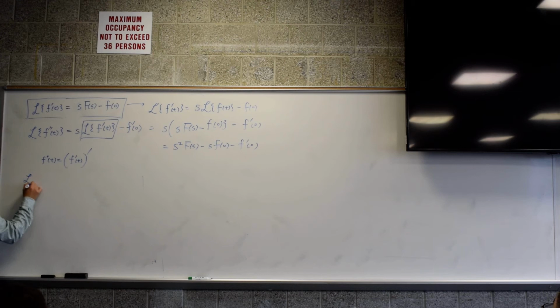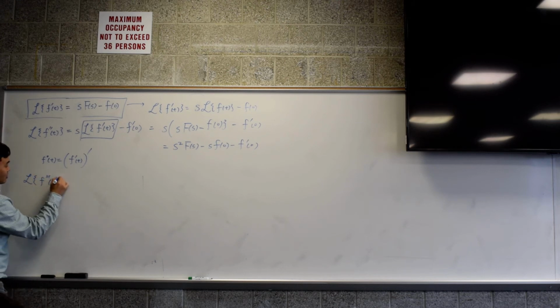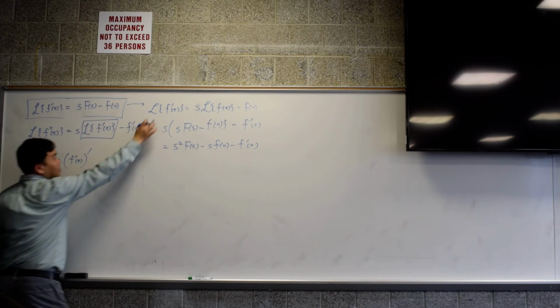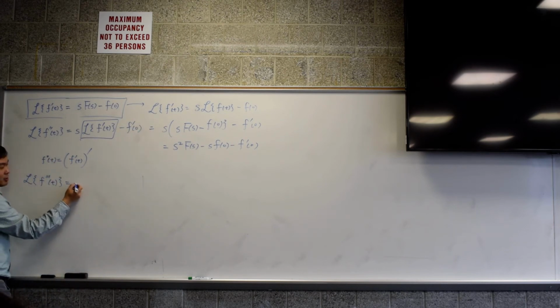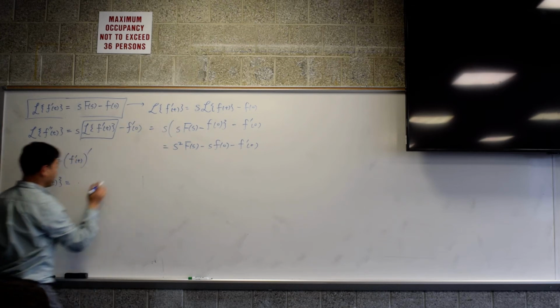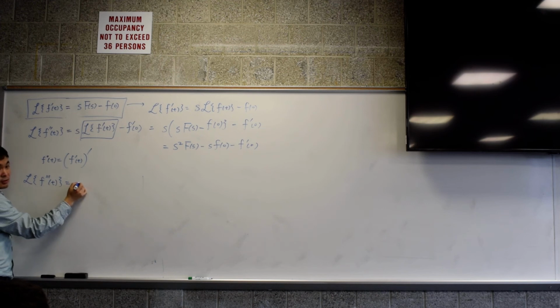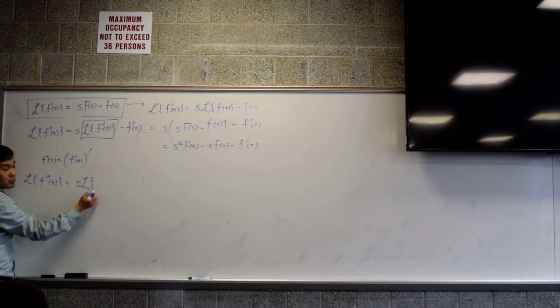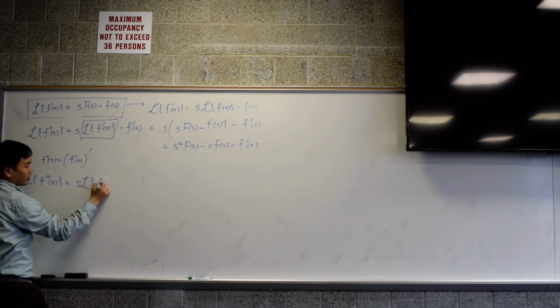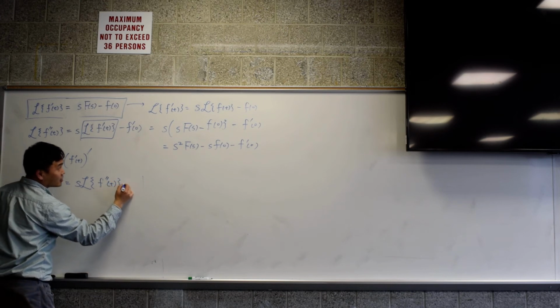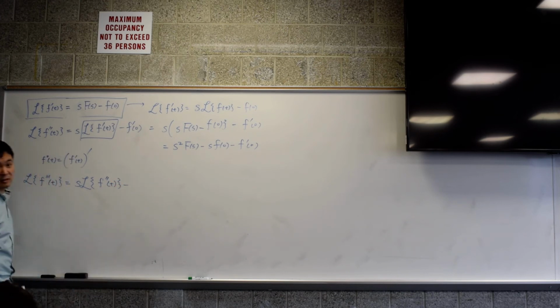For example, what's the Laplace transform of f triple prime of t? Now, if I apply this formula, what should I write? Help me out here. I want to apply this formula. S times the Laplace transform of f double prime of t, minus what?